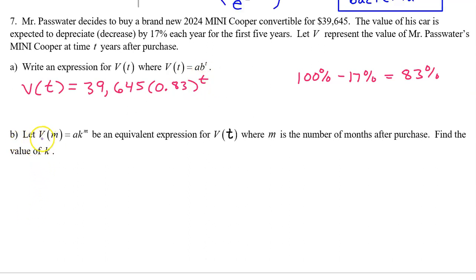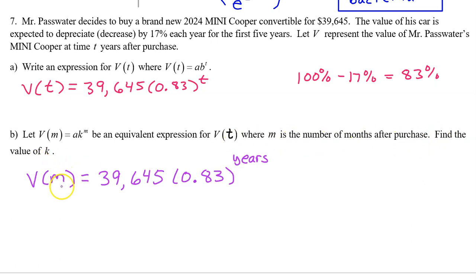Part B. Let V of m equals a times k to the m power be an equivalent expression for V of t, where m is the number of months after purchase. Find the value of k. V of m is an equivalent expression to V of t, so it will still equal all of this. Just realize that t was the number of years, so we need to rewrite this using m for months.